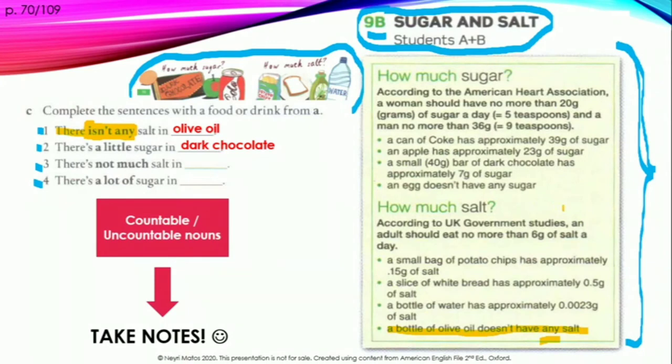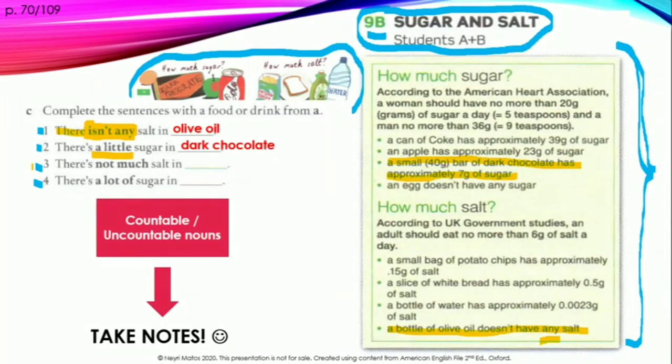It's here in the text, right? A small bar of dark chocolate has approximately 7 grams of sugar. So that's only a little. That is a small quantity. It's not a big quantity, okay? So only 7 grams of sugar. So that's okay. It's a little, right?